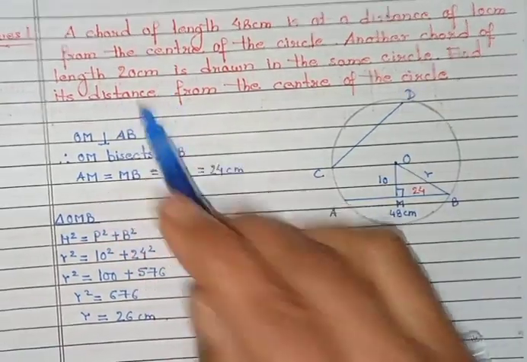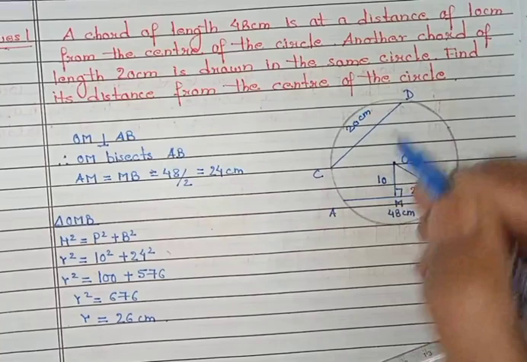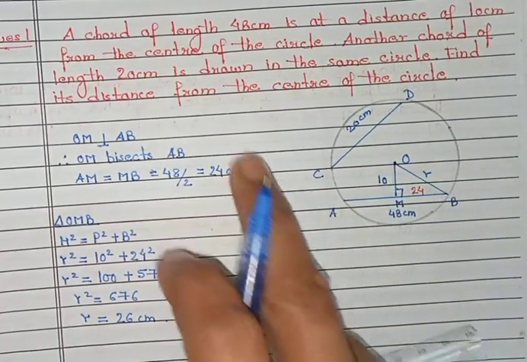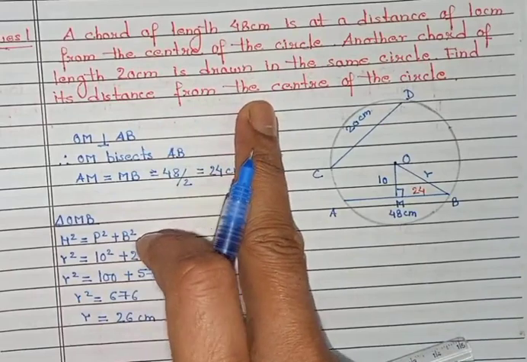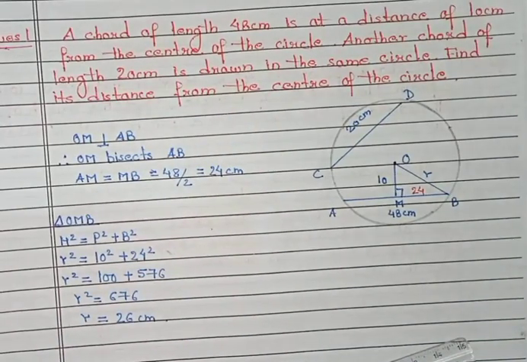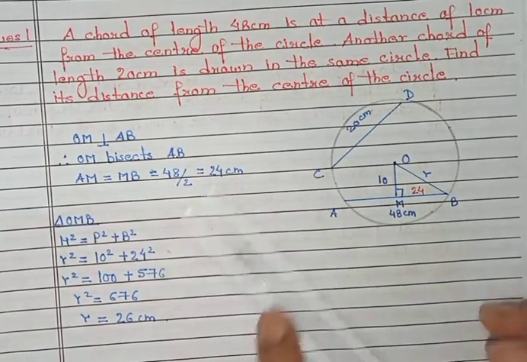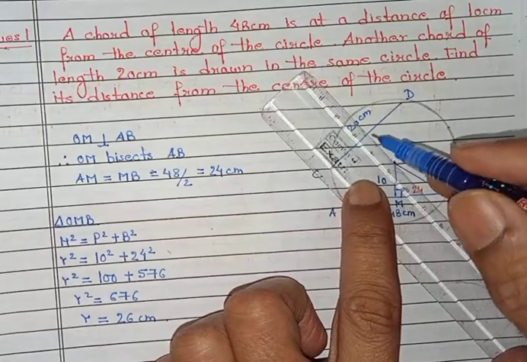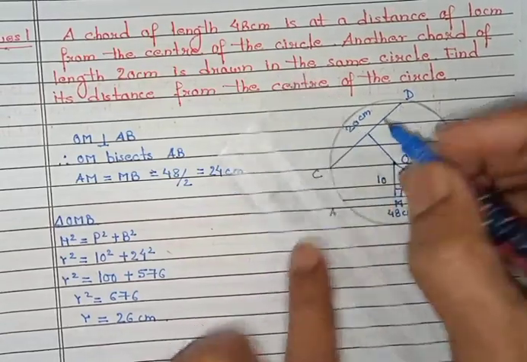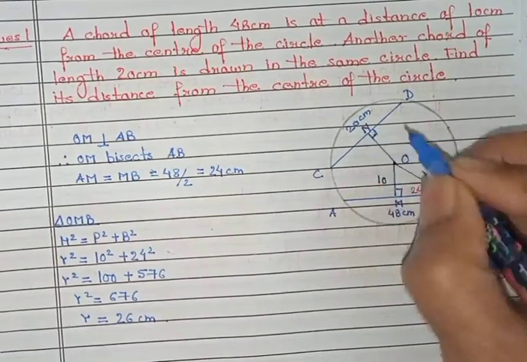Now the length of this chord is 20, so let us mark the length of this chord as 20. Now the question says you have to find its distance from the center. Distance of a chord from the center will always mean perpendicular distance. So again we will be dropping a perpendicular on this chord and we will name this perpendicular as ON.